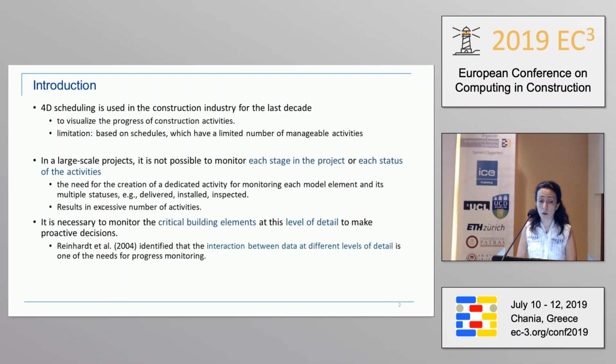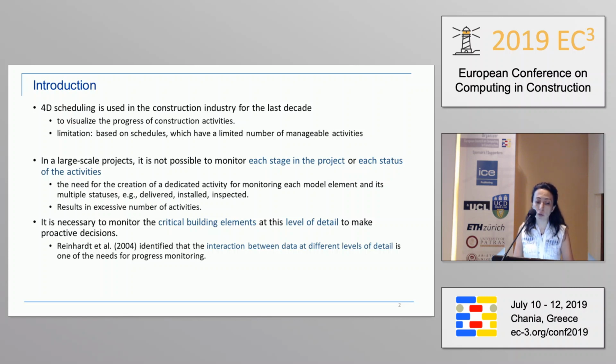In large-scale projects, this might be more difficult, because if you want to track the statuses of the activities and of the components and the phases in the project, then you end up having excessive number of activities. Do we really need this level of detail, especially in complex projects, to be able to make proactive decisions?